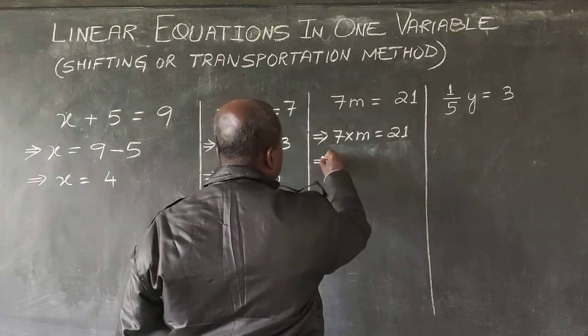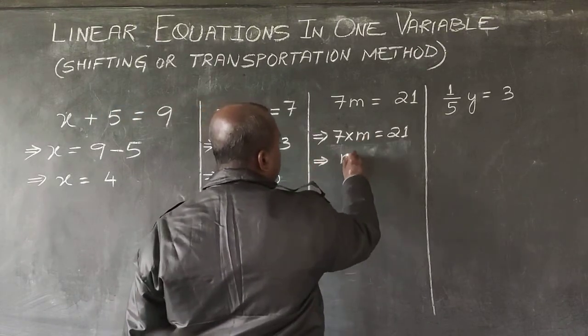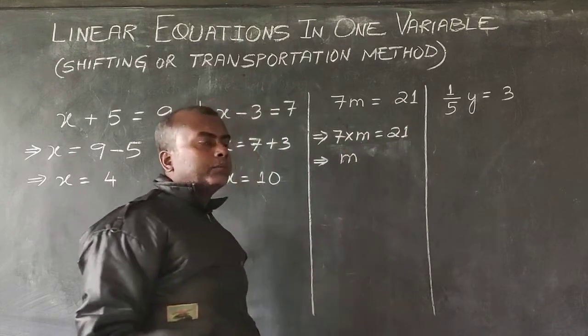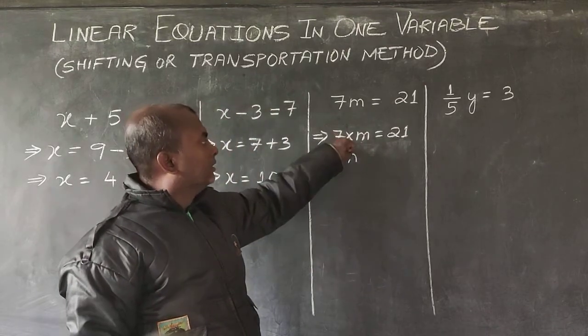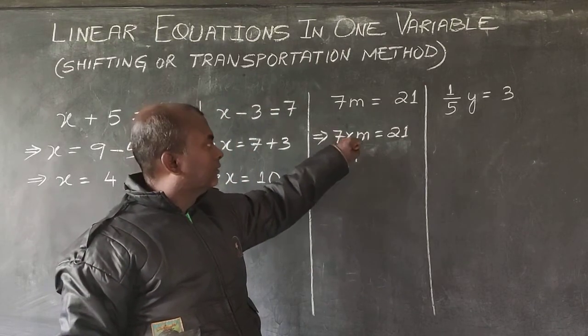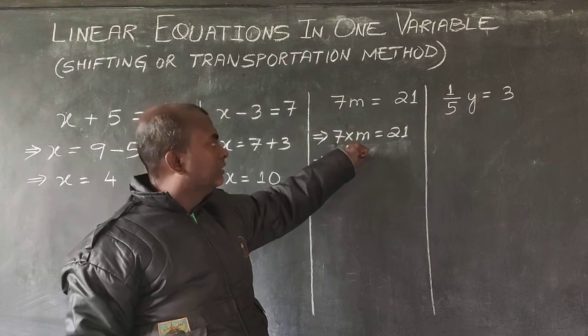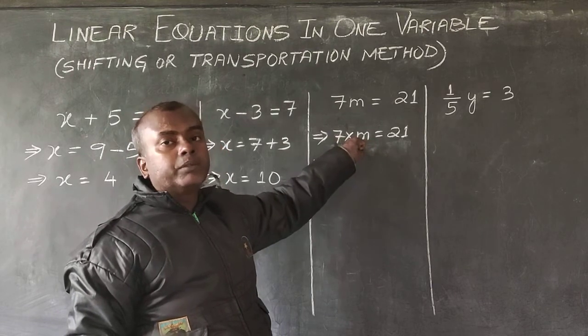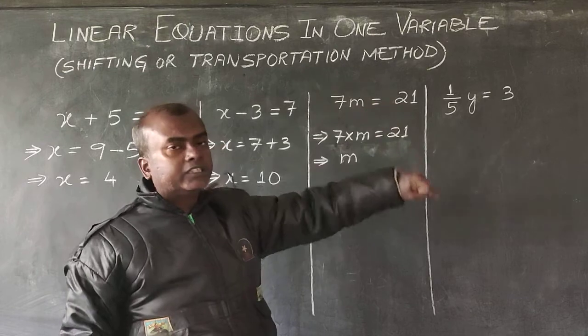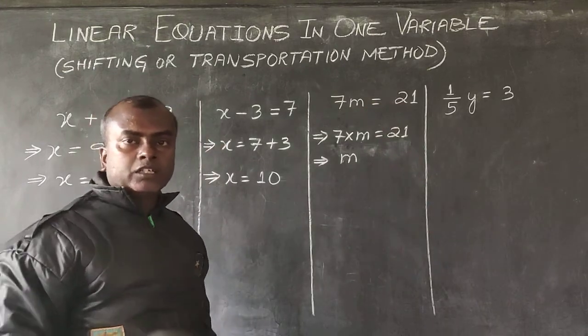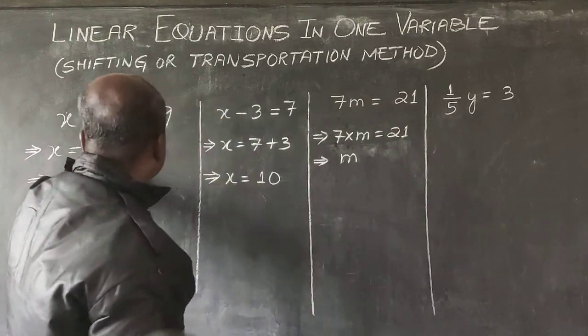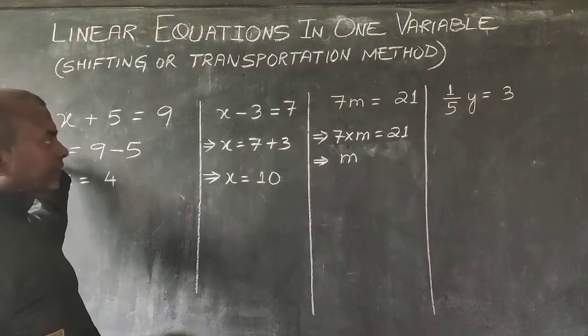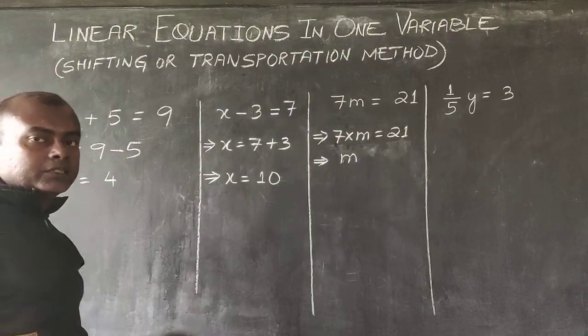Here, in order to isolate the variable is m. The 7 which is present in relation to m, what is the relation? Multiplication. So now this 7 will change its position and go on the other side of equals to sign. Like here only, all numbers on the left side goes on the right side, changes its position.